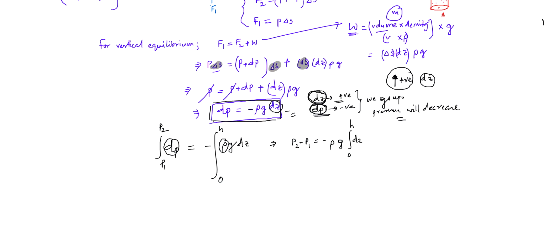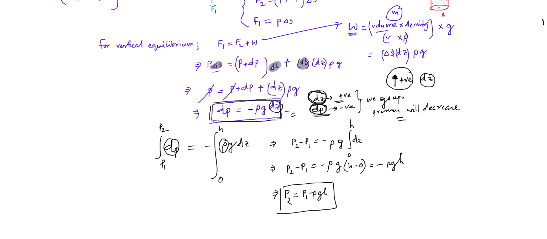So we get P2 minus P1 is equal to minus rho g (h minus 0), which is minus rho g h. So we can see that P2 is equal to P1 minus rho g h, right?